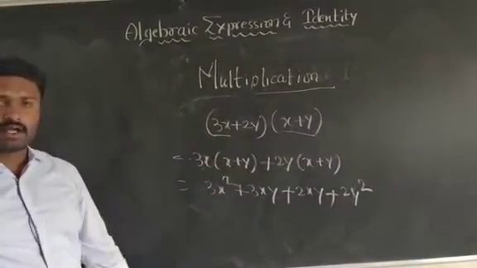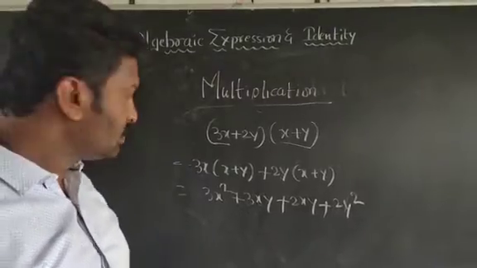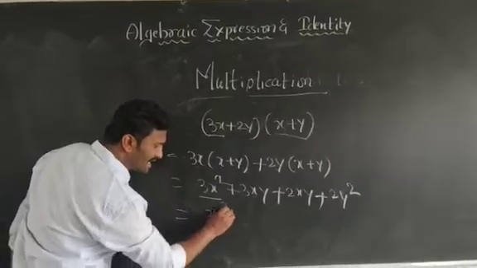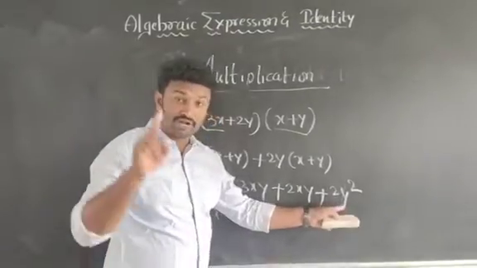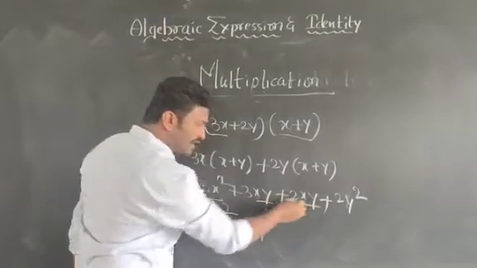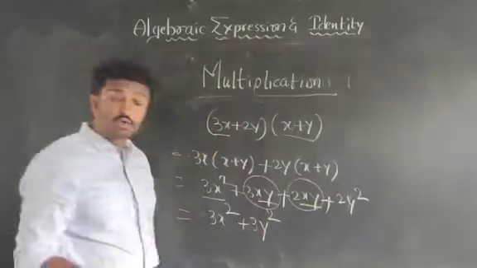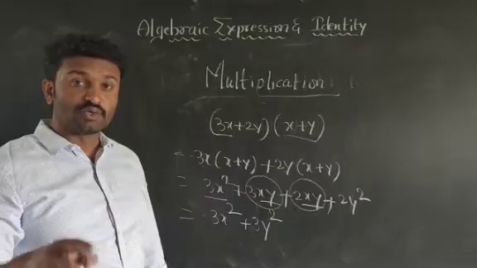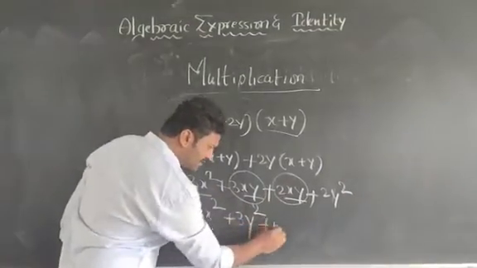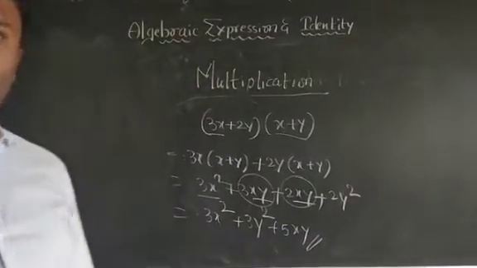Let's simplify. Any addition, subtraction? We can only add like terms, right? We'll see whether like terms are there or not. 3x square is only one term, I will write it as it is. 2y square is one more single term, I will write it as it is. Here xy and here xy are both like terms. 3xy and 2xy have the same variables, so we can add easily, right? 3 plus 2, 5xy. This is the multiplication of a binomial and a binomial.